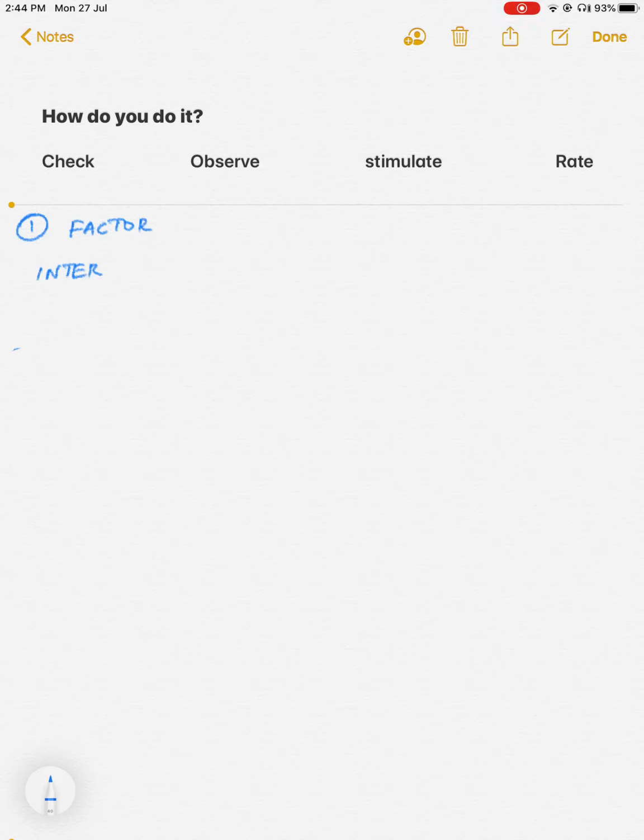For example, a patient may be deaf or dumb, or have visual impairment, or may have paralysis of any form. All these can interfere with the examination and with communication.